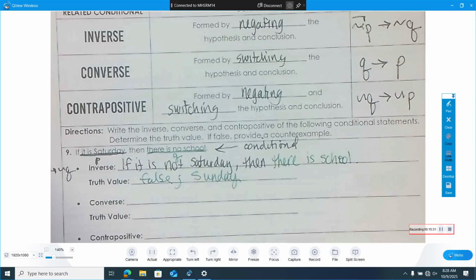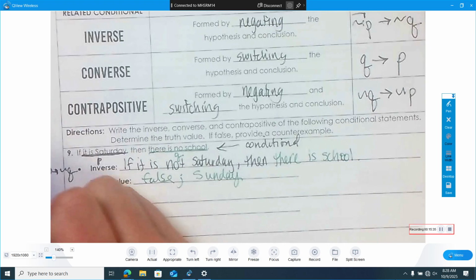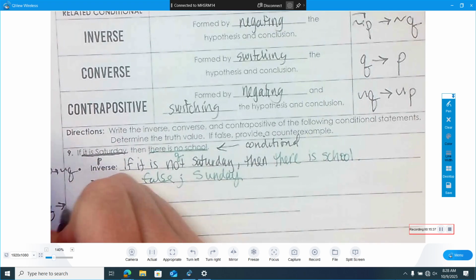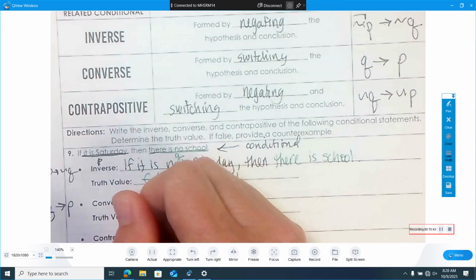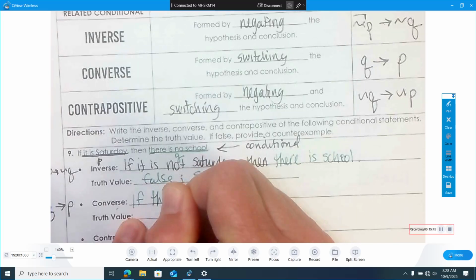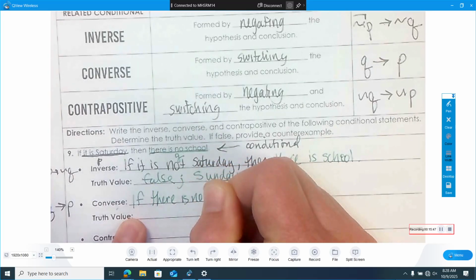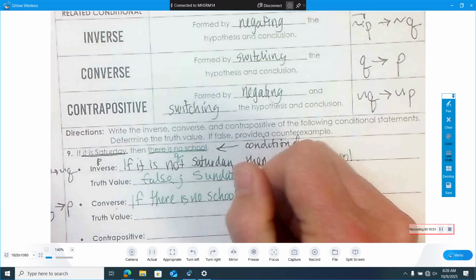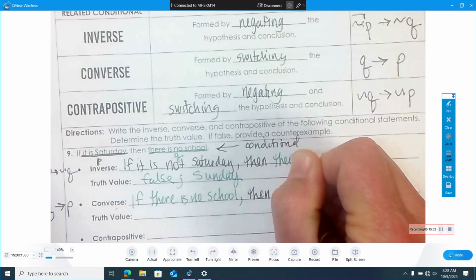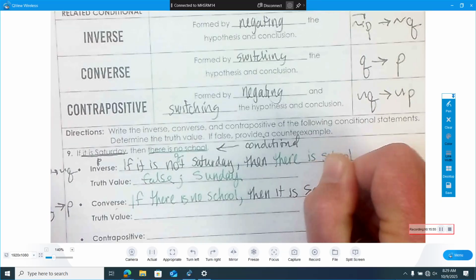Converse, what does the converse do? Switch. So for the converse, it's Q implies P. How should we write that? If there is no school, then it is Saturday.